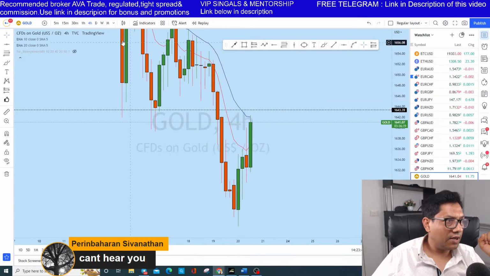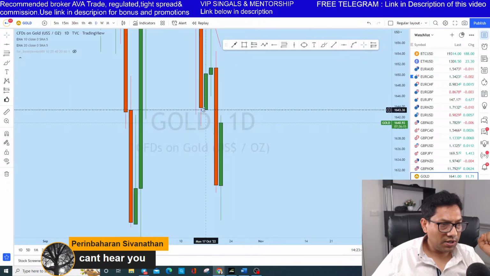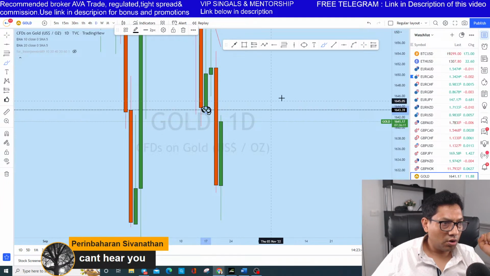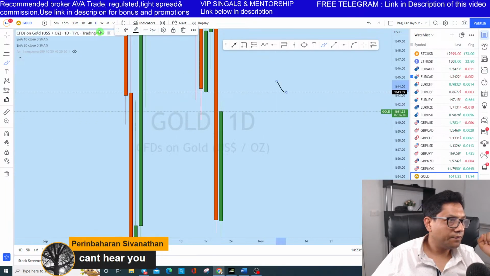I still think that gold will continue to drop, because you see that this is the daily support here. It's a very strong level of support, and I think that the price will have a rejection from this level of support.